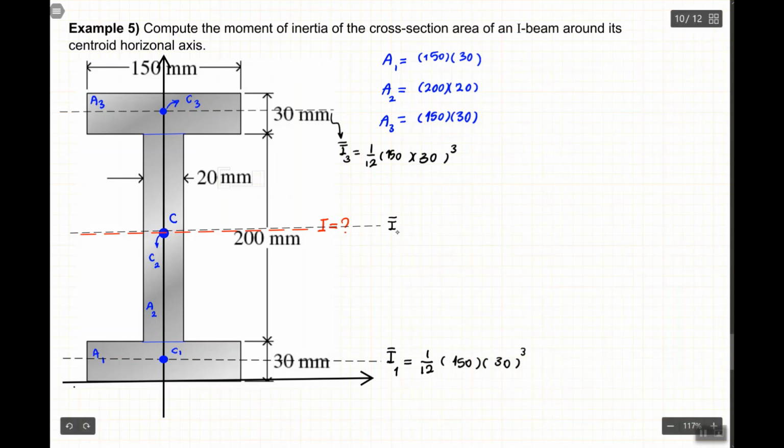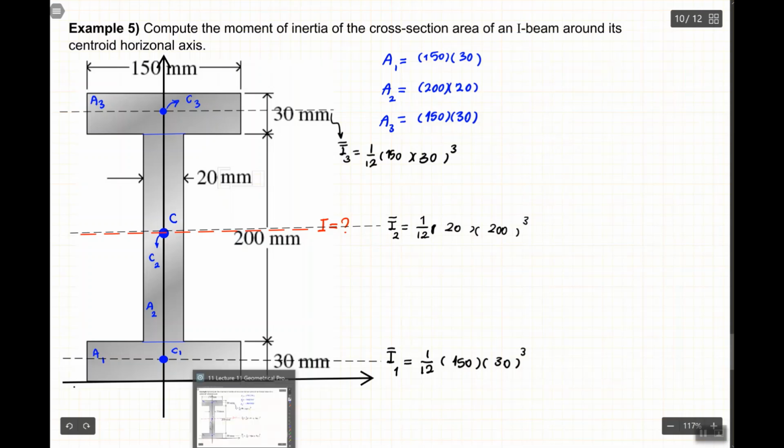We call it I bar 2, and I bar 2 is 1 over 12, 2 brackets, same, always I write it down to avoid any mistake. So the one that goes to power of 3 is the one that this axis is crossing, which is 200. And the other one is just 20. All right. So we have I bar 1, I bar 2, and I bar 3.